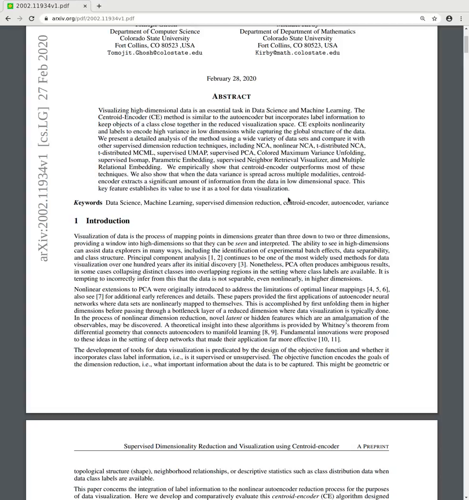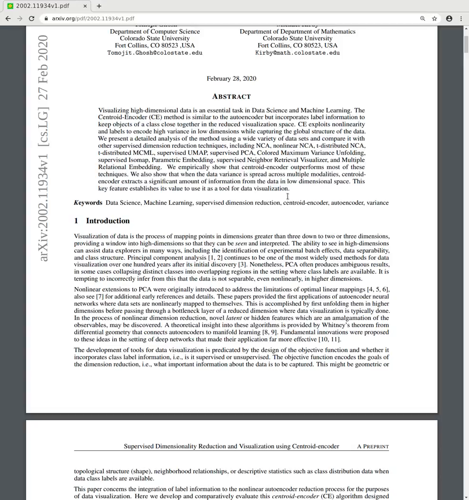We present a detailed analysis of the method using a wide variety of datasets and compare it with other supervised dimensionality reduction techniques: NCA, nonlinear NCA, t-distributed NCA, t-distributed MCML, supervised UMAP, supervised PCA, colored maximum variance unfolding, supervised Isomap, parametric embedding, supervised Neighbor Retrieval Visualizer, and multiple relational embedding.